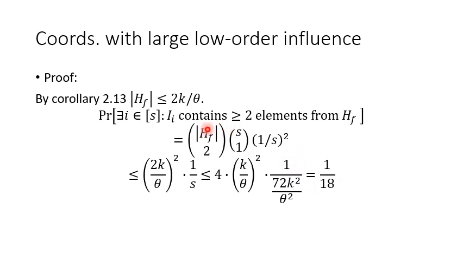So the probability that the complementary event happens is smaller than 1 over 18, then the probability that the partition completely separates HF is at least 17 over 18, like we wanted from the proposition. So now we will go on to the next and final proposition.